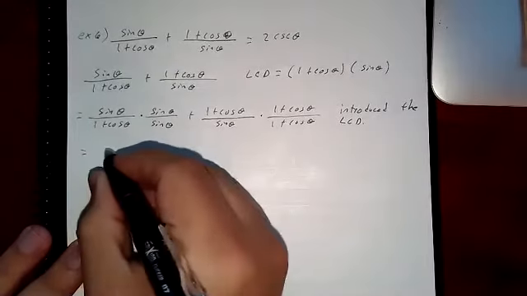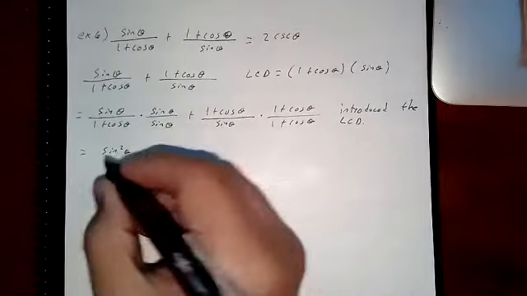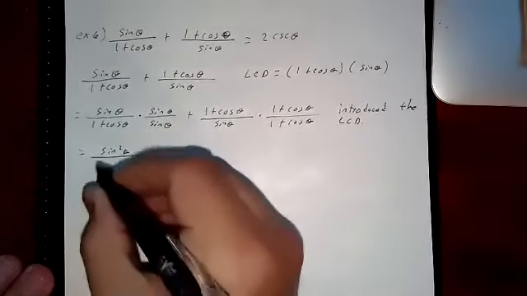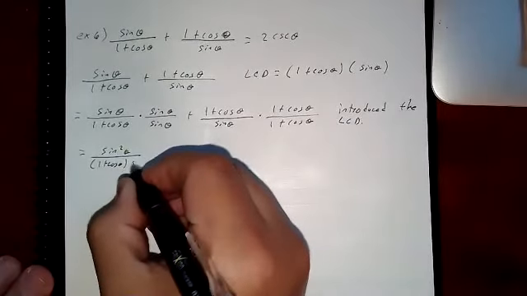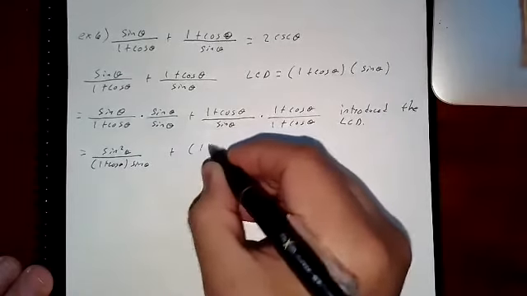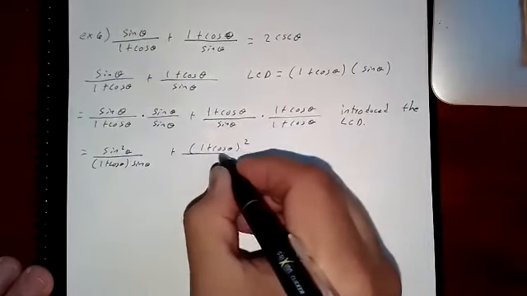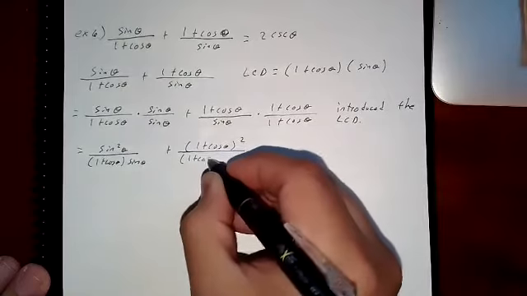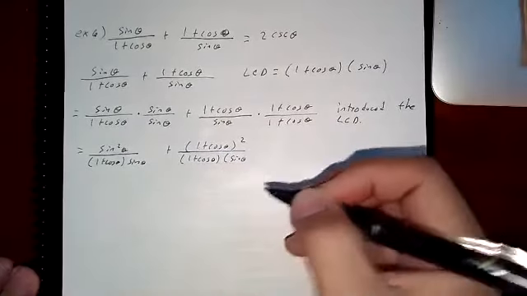So then we will get sine squared theta over the new LCD here, 1 plus cosine times sine, plus 1 plus cosine theta squared over 1 plus cosine theta sine theta. There we go.